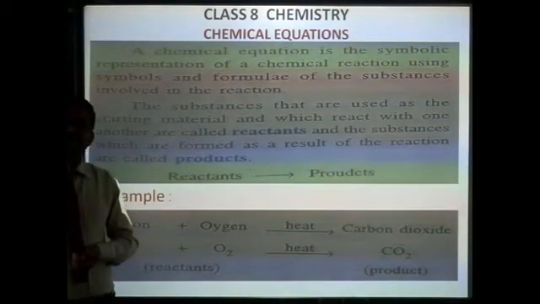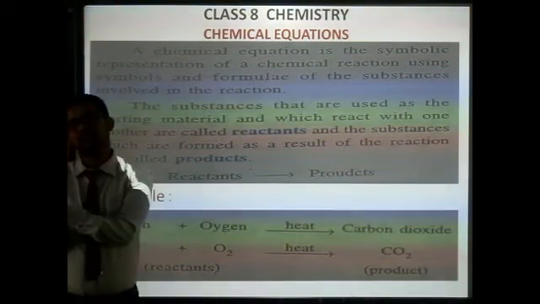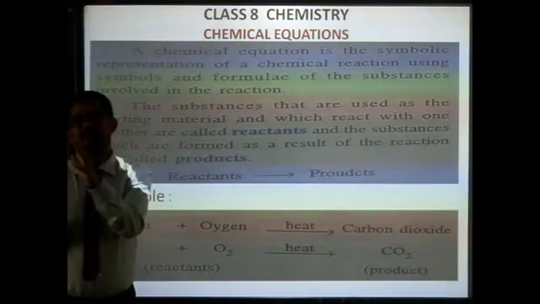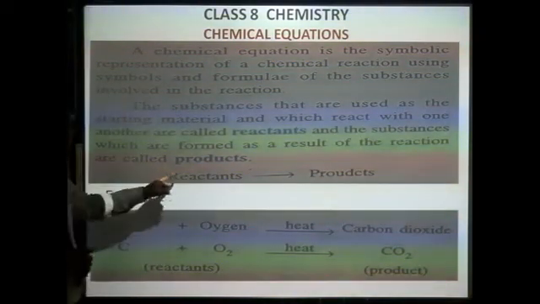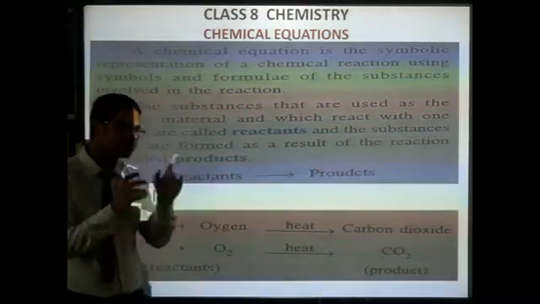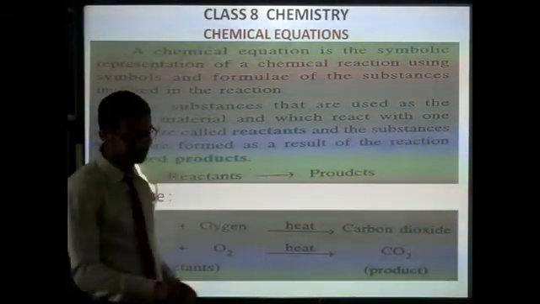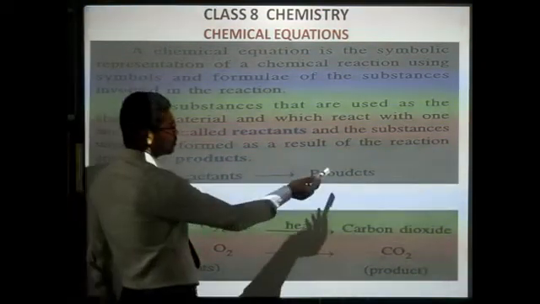So reactant is something which is acting, and product is the result. Reactants react to give products.